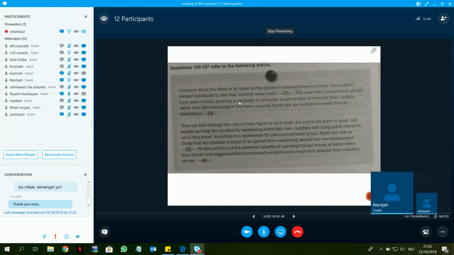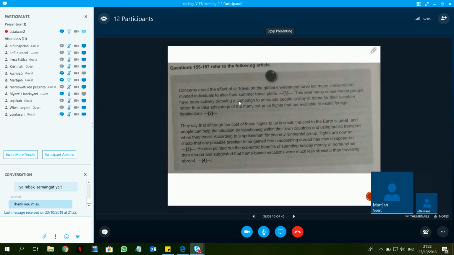Oh, atau bisa selesai dulu sampai satu paragraf. This year, many conservation groups have been actively pursuing a campaign to persuade people to stay at home for their vacation rather than take advantage of the many cut-price flights that are available to exotic foreign destinations.